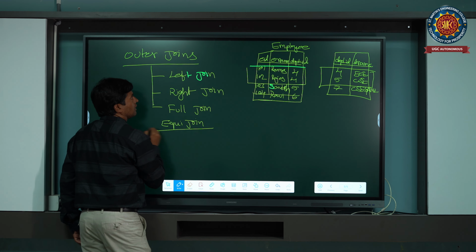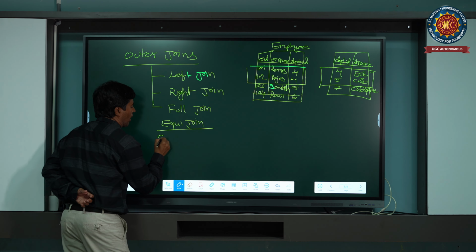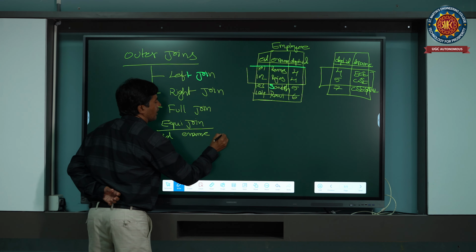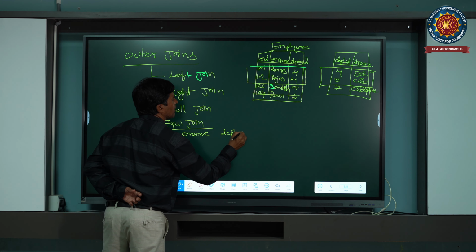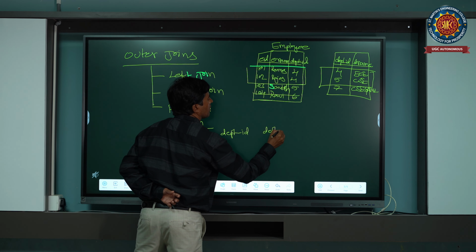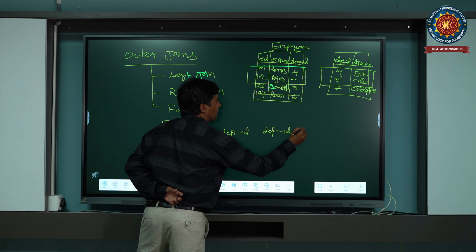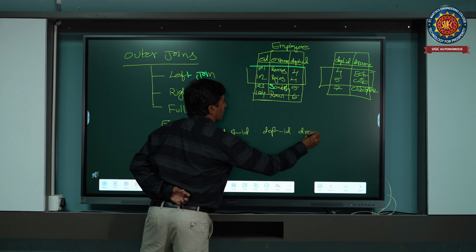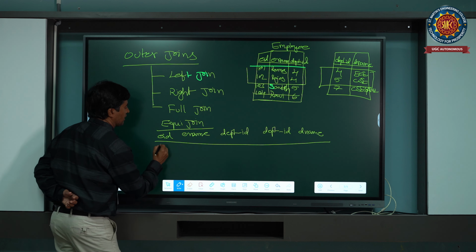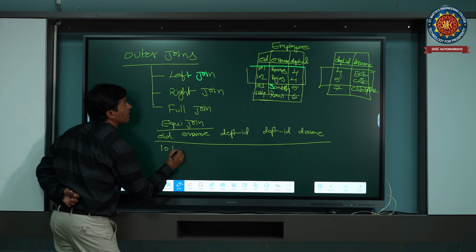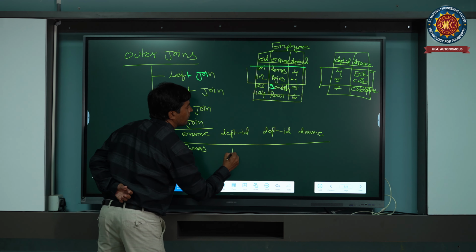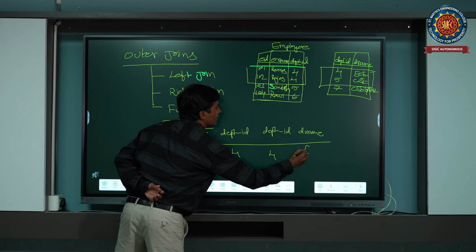If you use equijoin, the entire record will be selected: employee ID, employee name, department ID, then department ID, department name. Like that, with equijoin you can select 101, Ramesh, 4, EC.